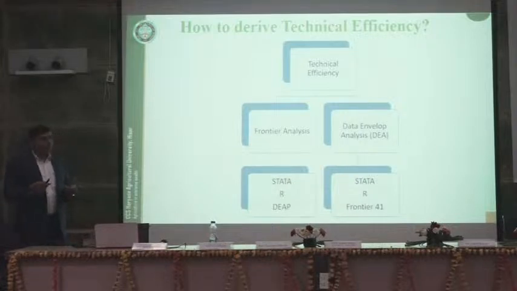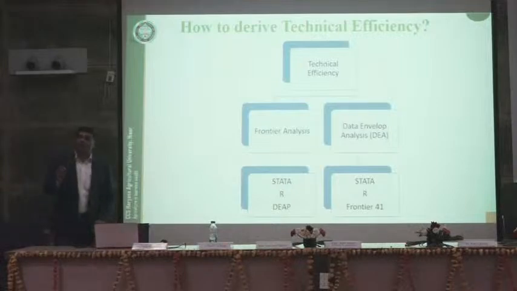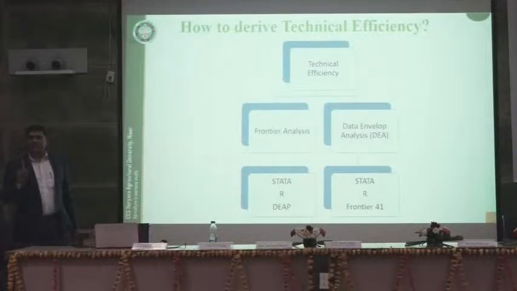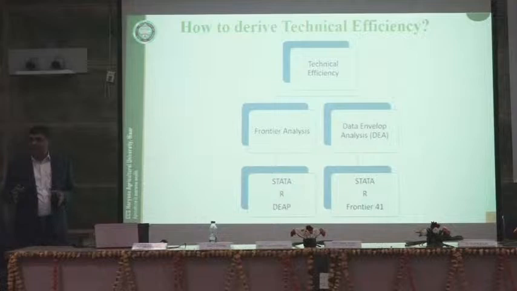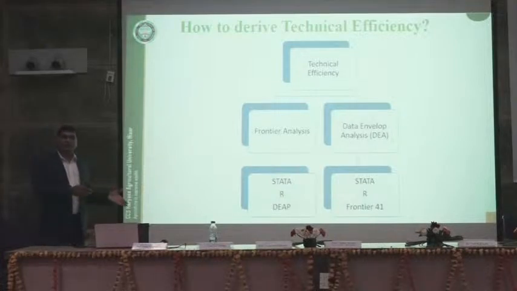Okay, then how to decide which distribution is used to find out the inefficiency? We have to check the residuals. Residuals means the error term. You have to check the distribution of the error term. If your error term is normally distributed, then you have to use a normal distribution.